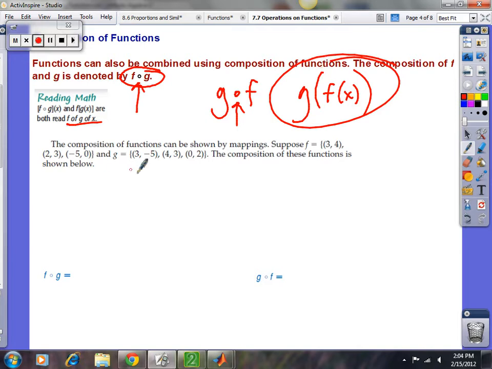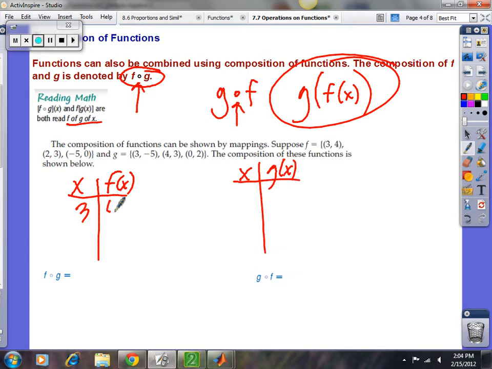Here's your data. Composition of functions can be shown by mappings. Here's f of x, these 3 points. Let's organize f of x right here. Let's call that x and this f of x. Put your three ordered pairs right here, and then do the same thing for g of x. On f of x, you should have 3 and 4, 2 and 3, negative 5 and 0.